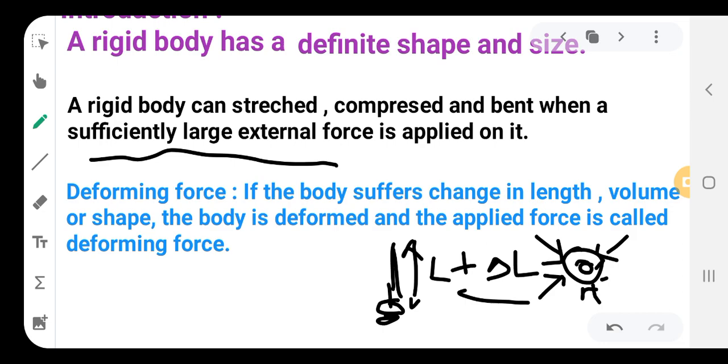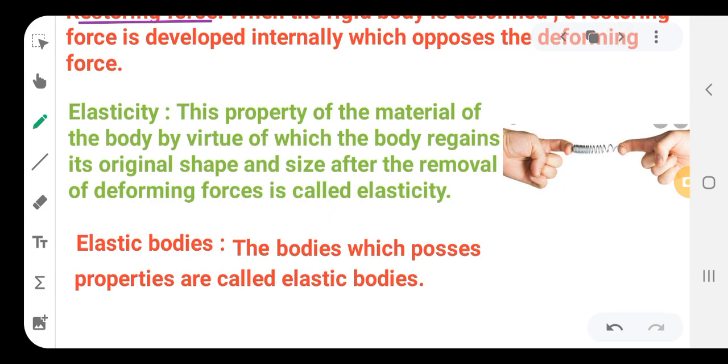There is a change of volume, delta V. This is known as the deforming force. The force which we apply to a body to change its length, volume or shape is known as the deforming force. Now let us go to the next slide.